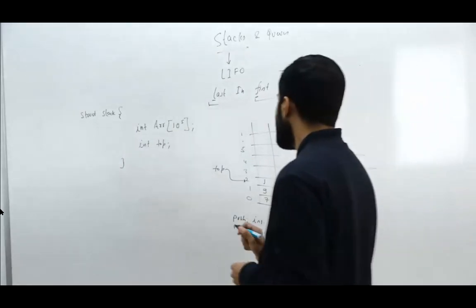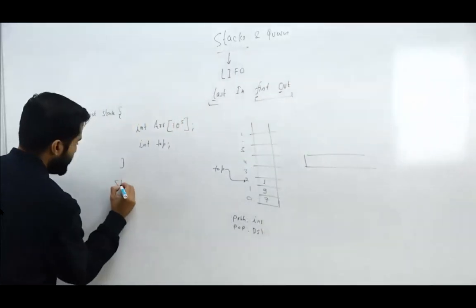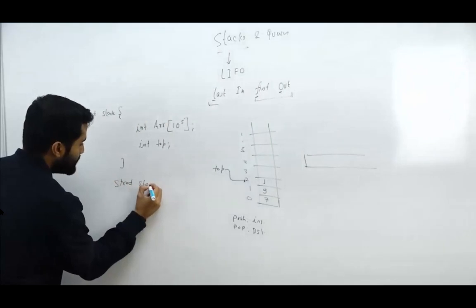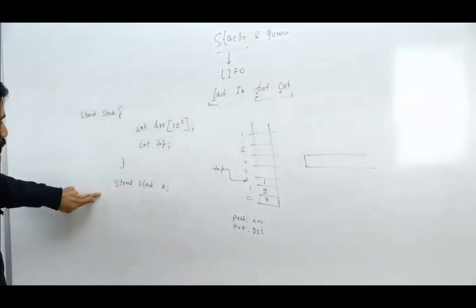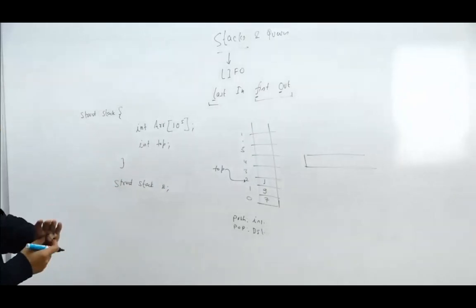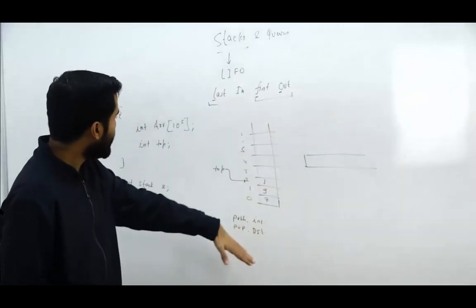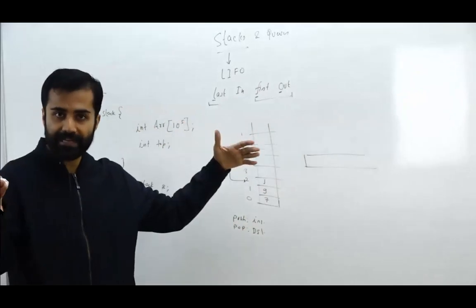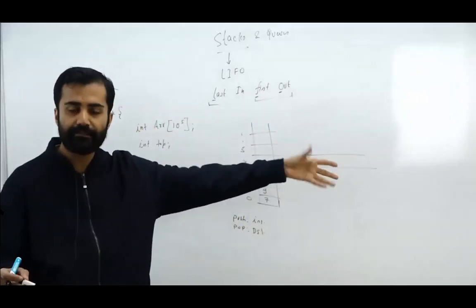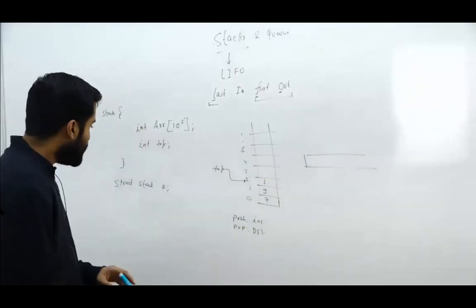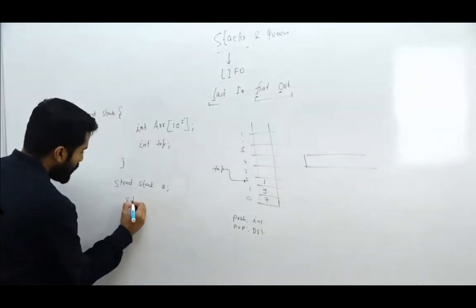Why -1? Let's say you declare struct stack s. After you have written this piece of code, memory has been allocated in your computer for an array of the defined size, and memory has also been allocated for an integer variable called top. Now you can do s.top = -1.